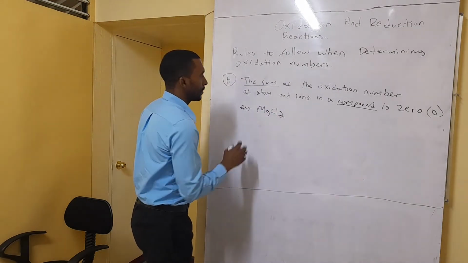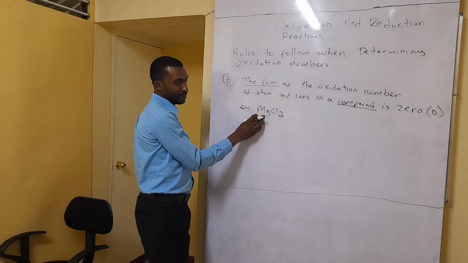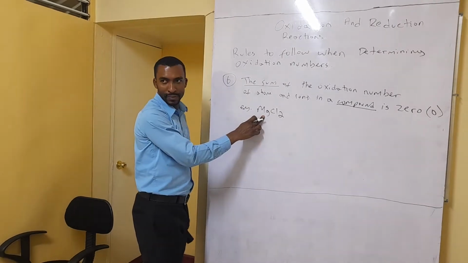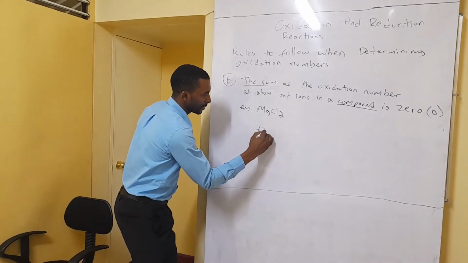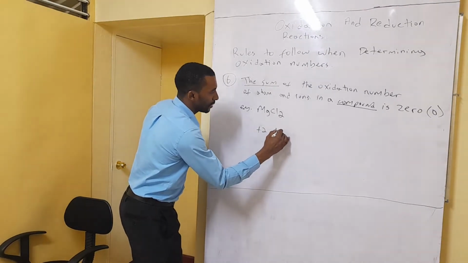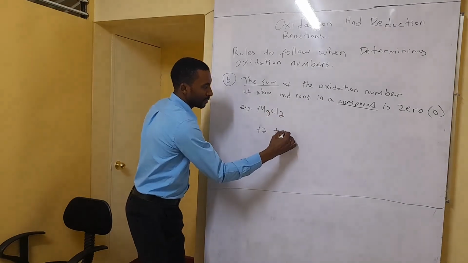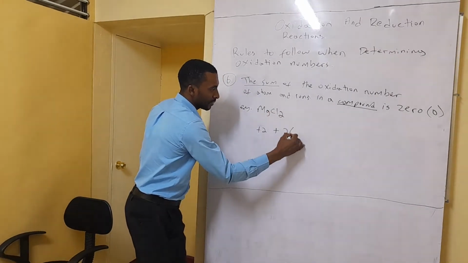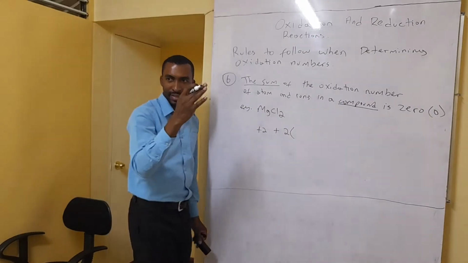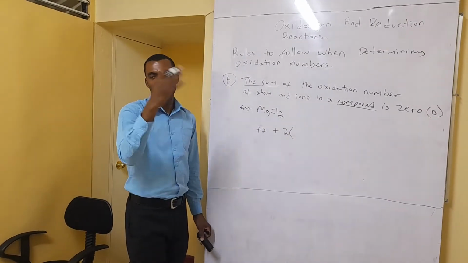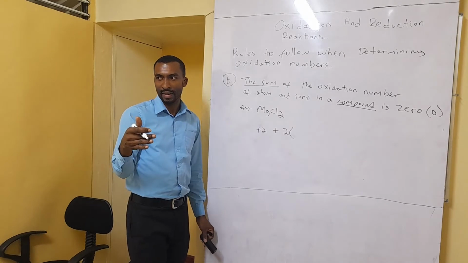Alright? So in this case, magnesium is a group 2 metal, so the oxidation state is +2, plus 2 times the chloride, which is -1. It's a halogen, so halogens tend to be -1 when they are the anions.